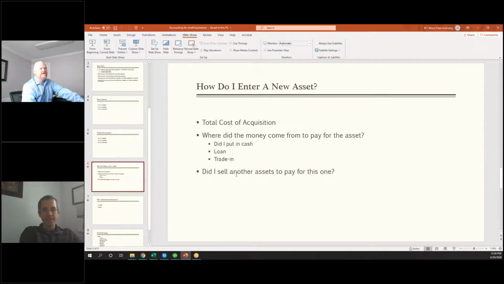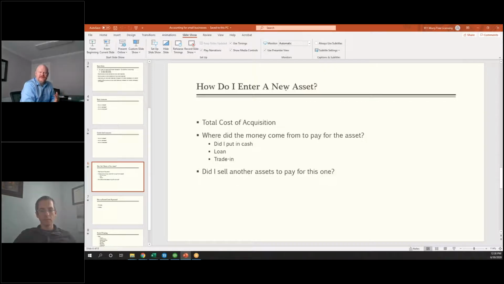Let's go to one thing that affects all of us, whether you're using software or a spreadsheet: the purchase of an asset. What are the rules? I am required to write down the total acquisition cost of the thing.